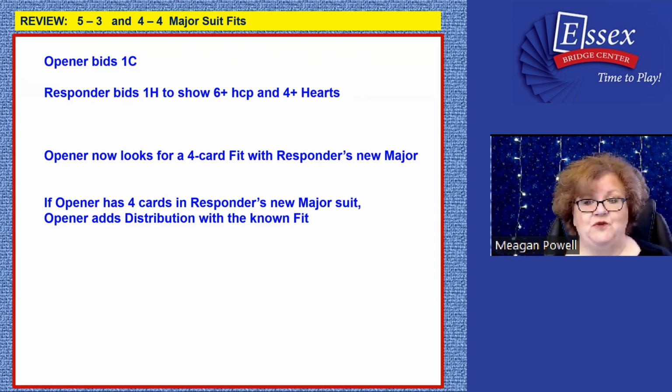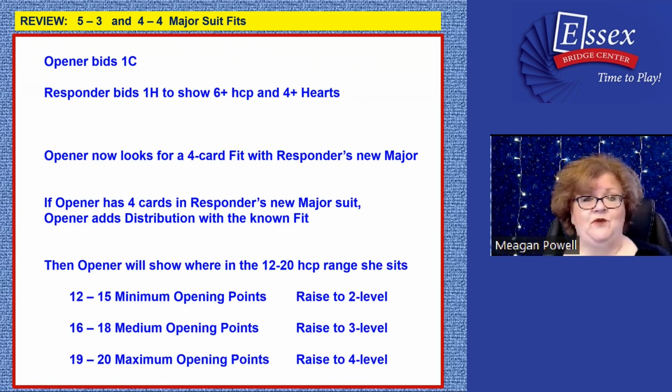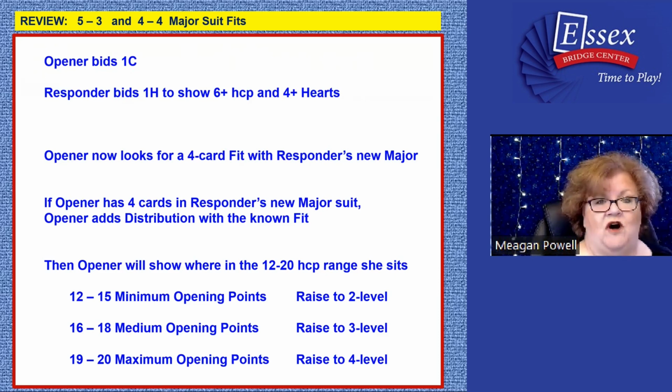Opener, you're going to add distribution before you make your second bid as opener. This second bid as opener is called an opener's rebid. Okay? You are going to show responder that not only do you have a fit with her new major, but you're going to show her now where in your 12 to 20 opening range you are.